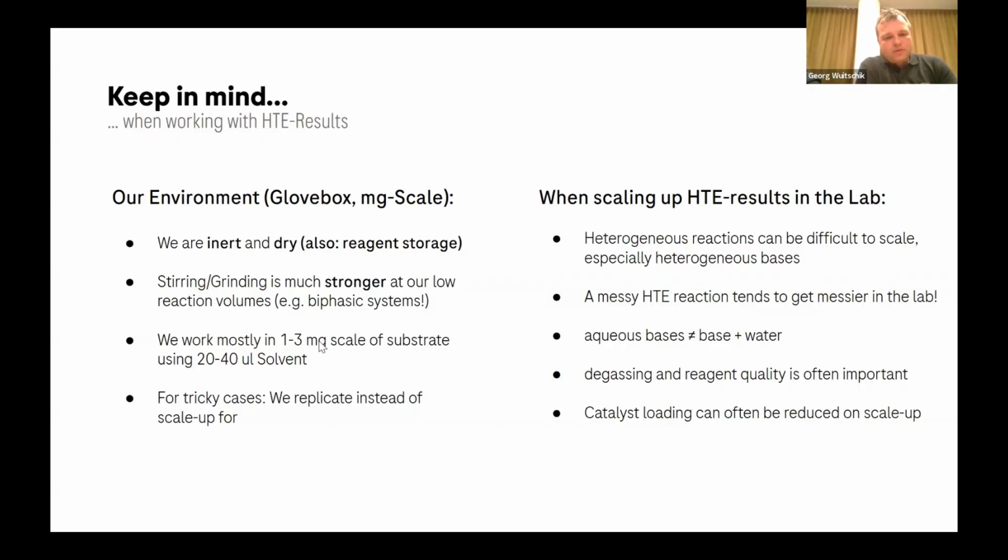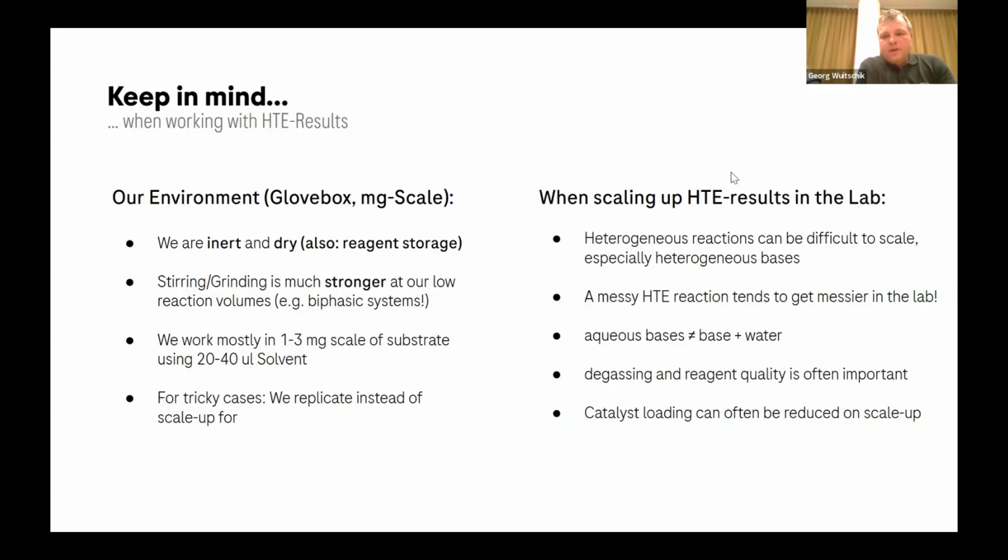We mostly work on small scale with very little solvent. And because our customers typically only want to do a reaction once, they're only interested in 50 milligrams of the product. Instead of transferring the results to the lab, we will just do a quick scale up for them. And instead of scaling it up, we just replicate the screening hit 50 times on a 96 well plate to just get the product. What point is there in doing process research for a reaction that will only be run once?